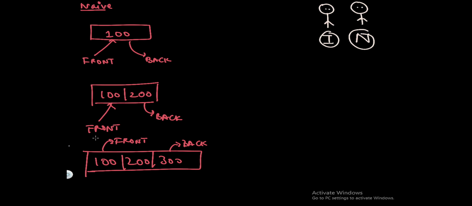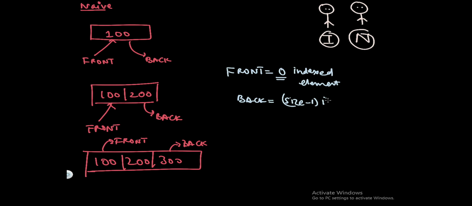Yes, my front element is always the zero-indexed element, and the back element is always the last element, which is the size minus 1 indexed element. I am again saying I am using the naive approach. We will be seeing the circular implementation as well, but before that, by using the naive approach, we will try to arrive at the solution once.